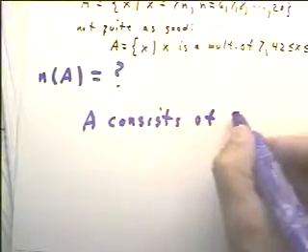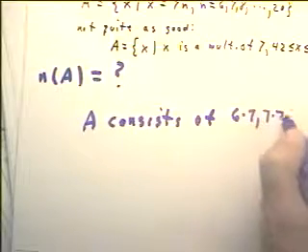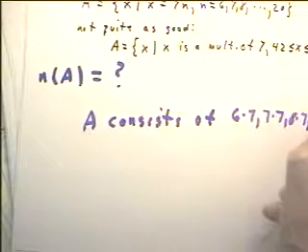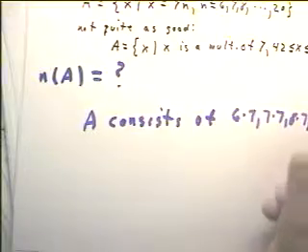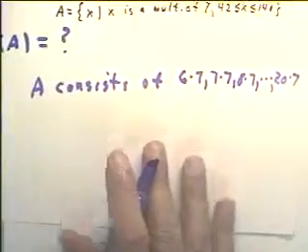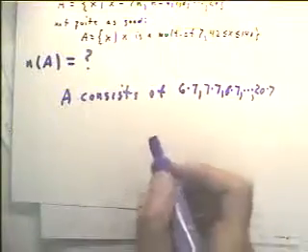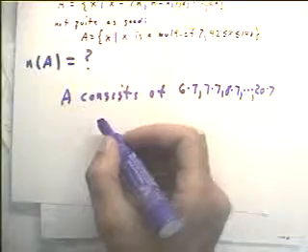In any case, we could say A consists of 6 times 7, 7 times 7, 8 times 7, up through 20 times 7. Let's zoom back a little bit here so we can see everything.